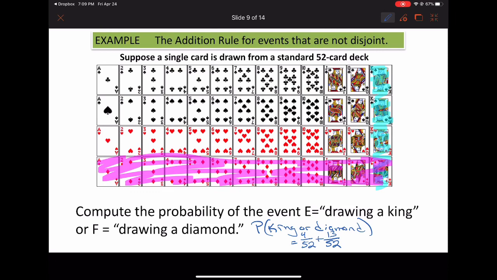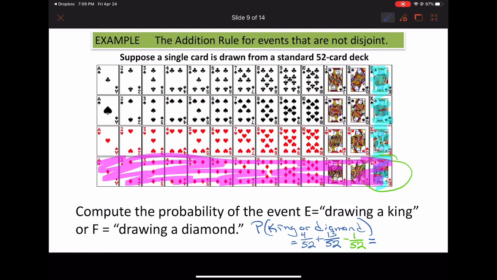As you can see right here, I highlighted the king twice, so that's overlap. I've counted that king twice, so I need to make sure to separate that out. I need to subtract one of those kings because that is the overlap.